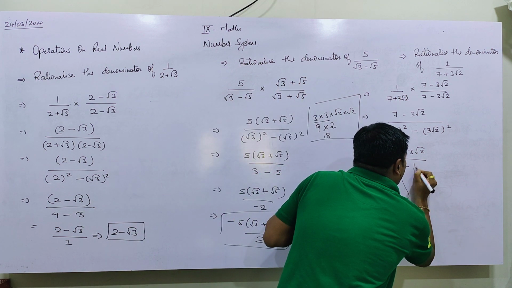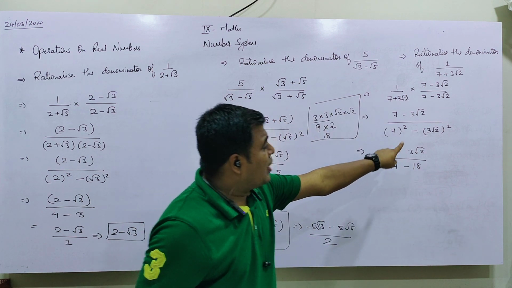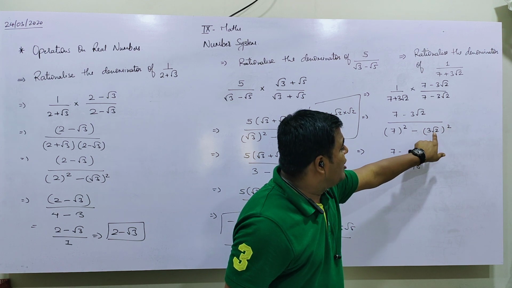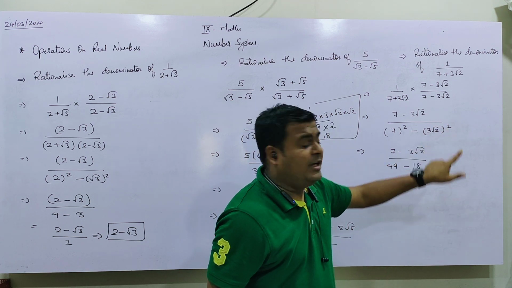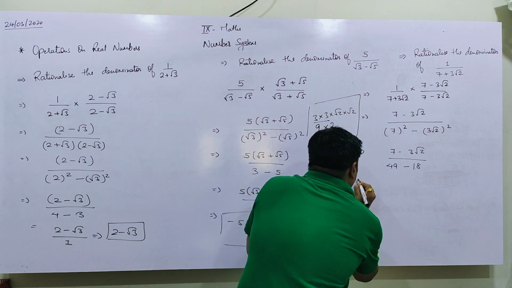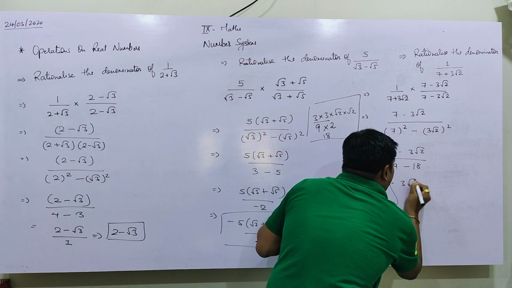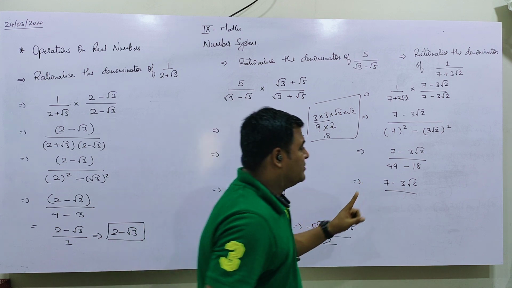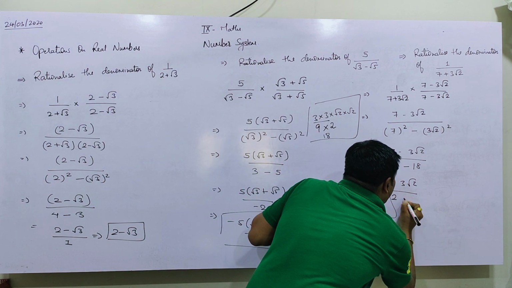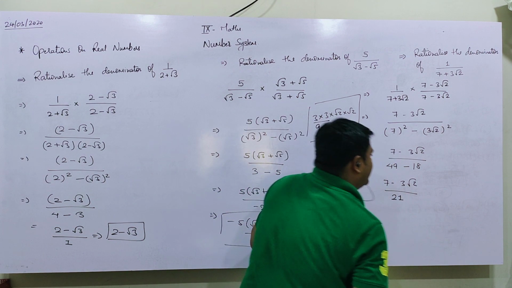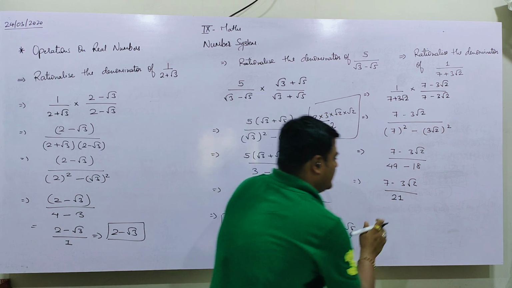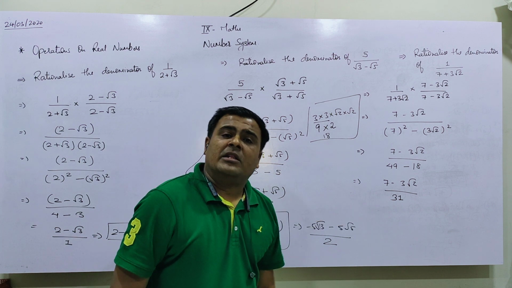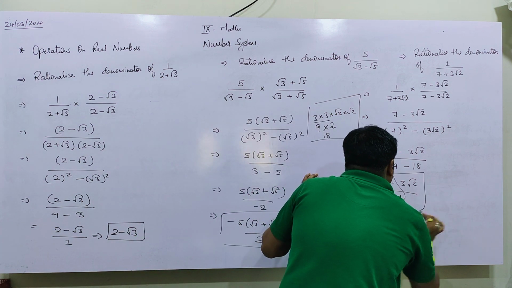So we have 18 as the answer of 3 root 2 whole square. Here directly you can solve. Now I will solve 7 minus 3 root 2 upon 49 minus 18, which gives us 31. Okay. 7 minus 3 root 2 upon 31 is our final answer.